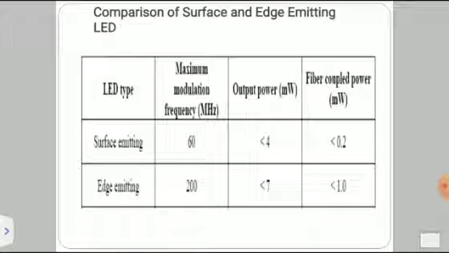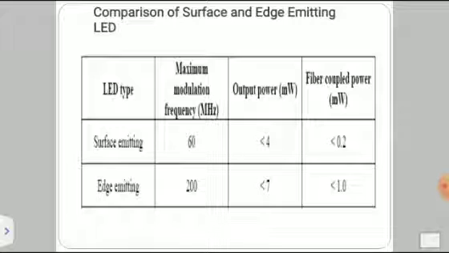Now, if we consider the second type, the edge emitting LED, we can go up to 200 megabits per second. This is an advantage, and multiplexing is possible, more multiplexing is possible, and engineers, users, and scientists prefer edge emitting LED rather than surface emitting LED. Now, the second parameter, output power in milliwatts.